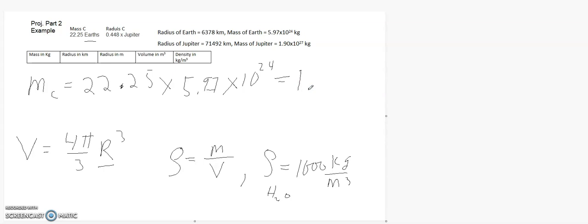I'm going to round this to 3 places past the decimal because the project part 2 assignment says to round the density to 2 places past the decimal. So we'll start with 3 places past the decimal. That's 1.328, and it's times 10 to the 26, so I'll just write capital E, just like we do in Blackboard, E26. And of course that's kilograms. That number would go right in here.